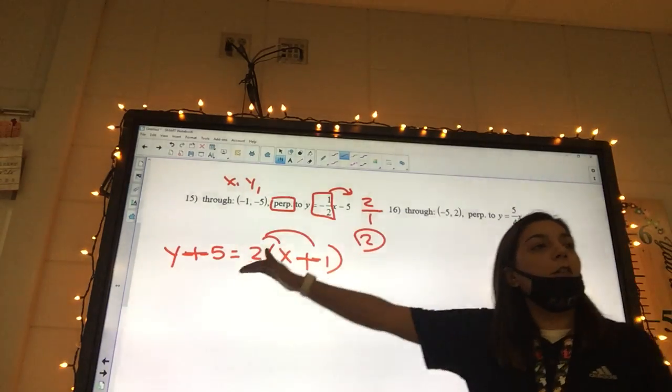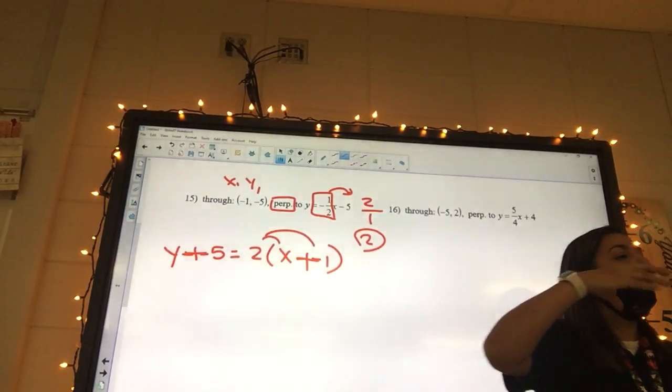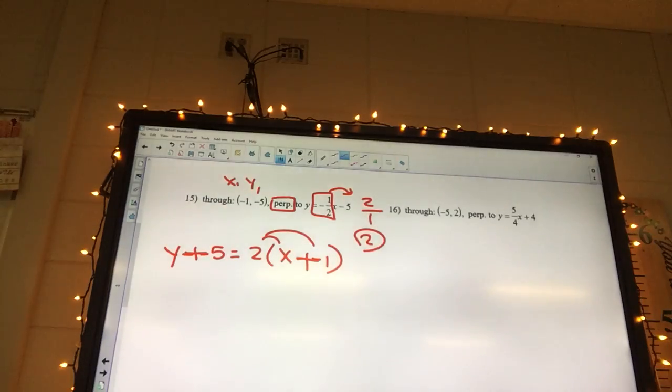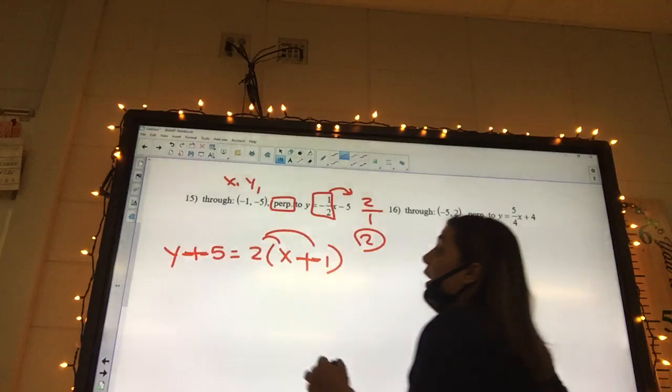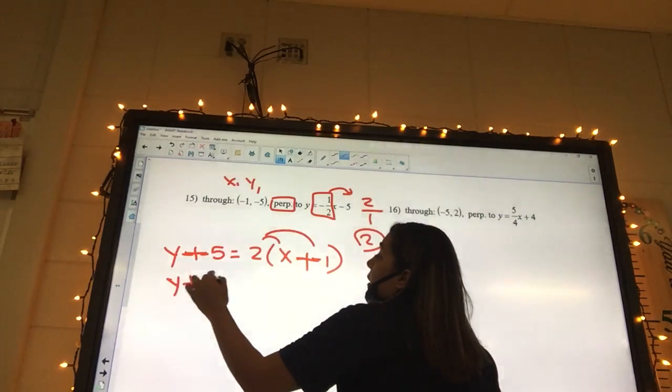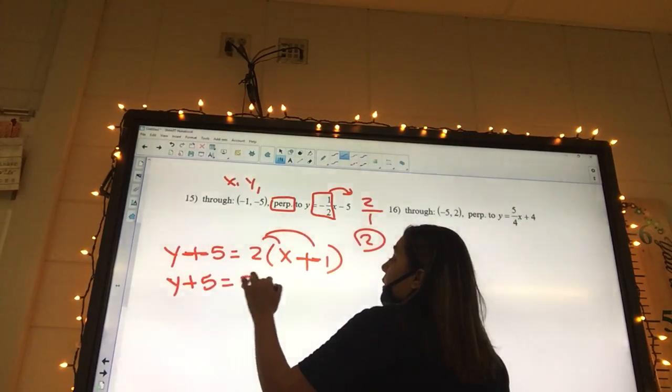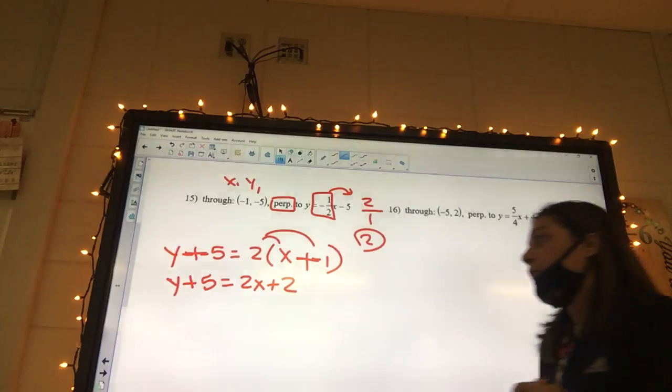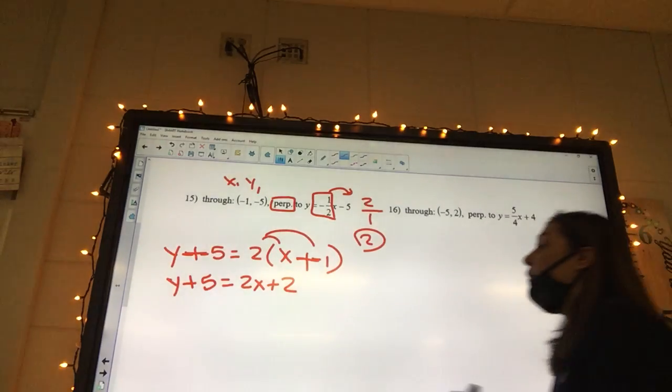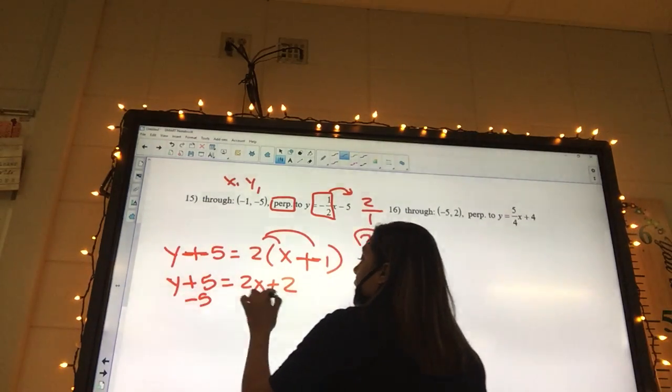If you have that 1 underneath there, some of you are going to get confused because you don't know how to do fractions in your head. So I would get rid of the 1 if you can, if it's on the bottom. If it's not, then you can't. So I got y plus 5 equals 2x plus 2. Minus the 5. Subtract that.